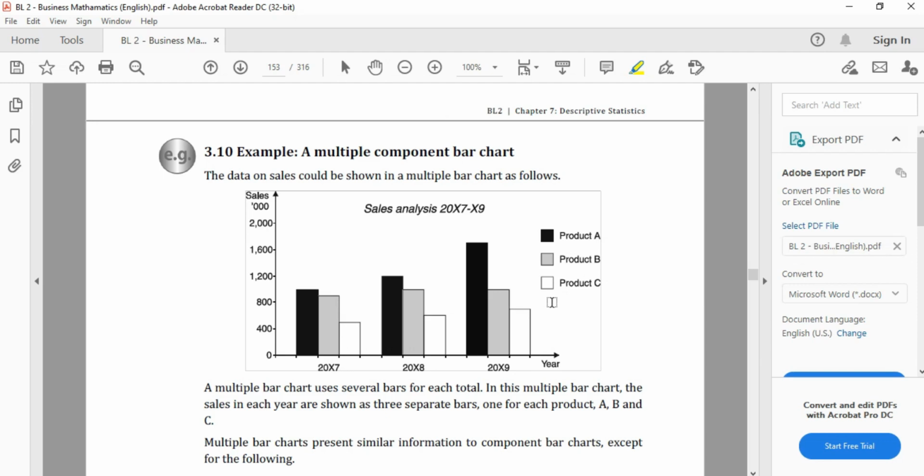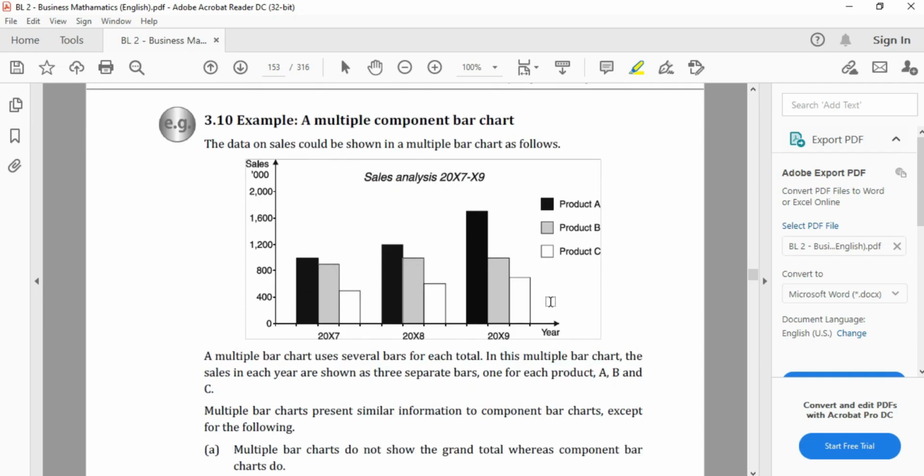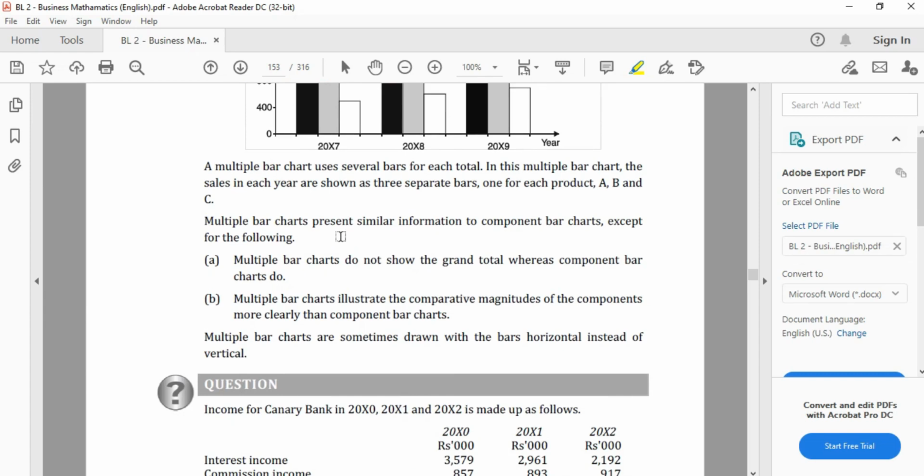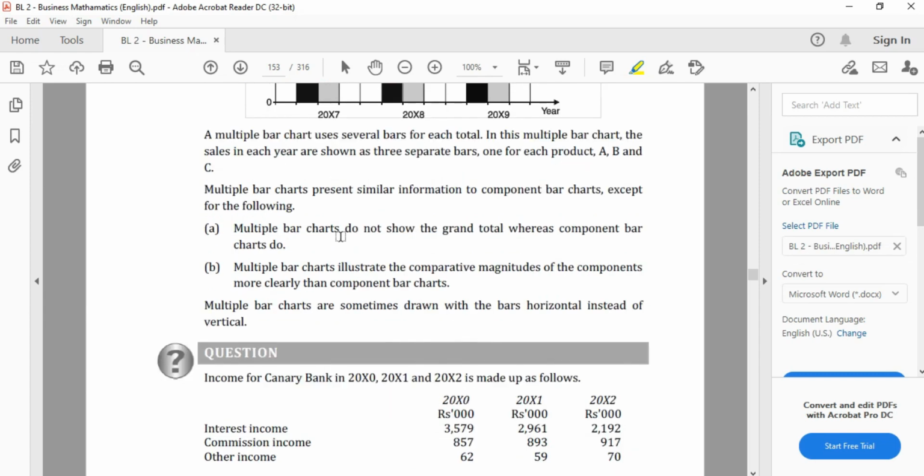And the purpose of this multi-bar chart is to show different items in the same year and to make a comparison. So by the look of it, you could say which is the least and what the gap is. Because in 2009, there's a high gap of sales between product A and product C, whereas there's a small gap between product A and product C in 2007. Likewise, to make such comparison.